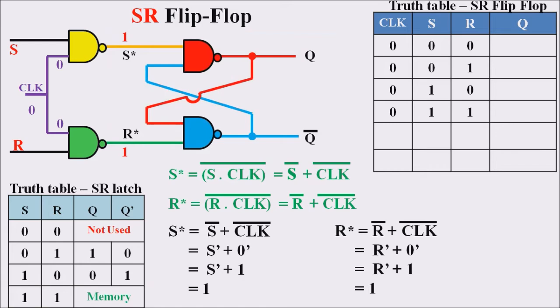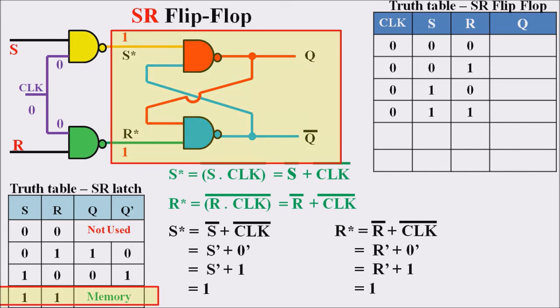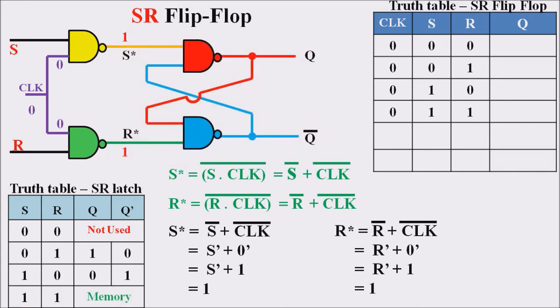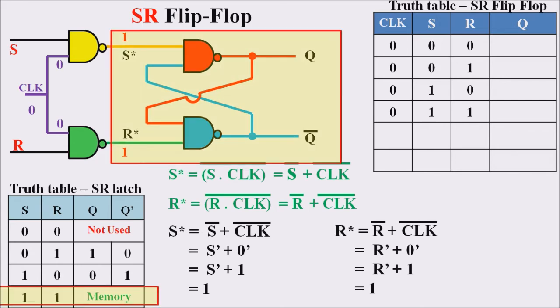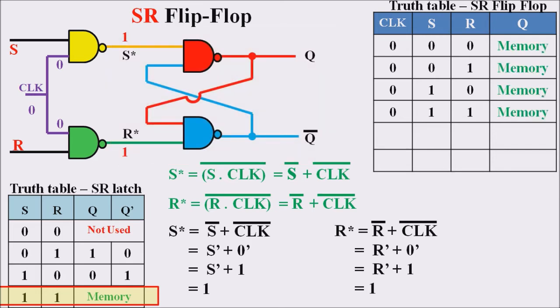If we analyze the truth table of the SR latch, S equal to 1, R equal to 1 results in the memory condition. This simply means that with the clock signal at 0, whether S equal to 0, R equal to 0, S equal to 0, R equal to 1, S equal to 1, R equal to 0, or S equal to 1, R equal to 1, the result is the memory condition itself.